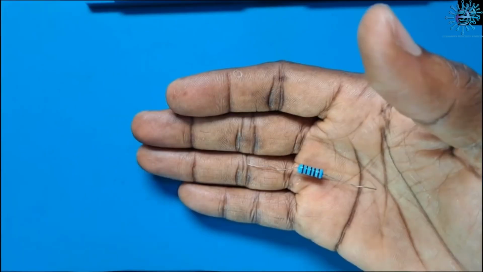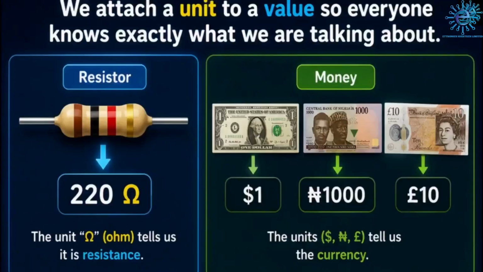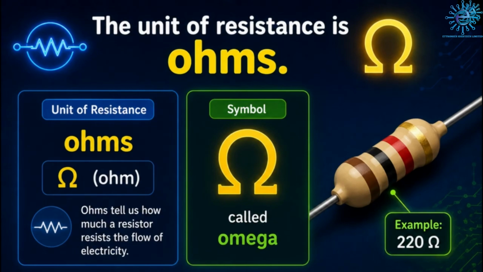When we tell the value of a resistor, we attach a unit to the value to make everyone understand that it is the resistance of a resistor that we are talking about. The same way we attach dollars or naira or pounds to money, so that everyone will know exactly the currency we are talking about. The unit of resistance is ohms, and it can be represented with a symbol called omega.